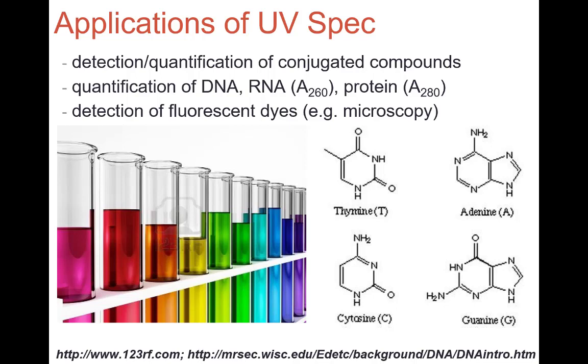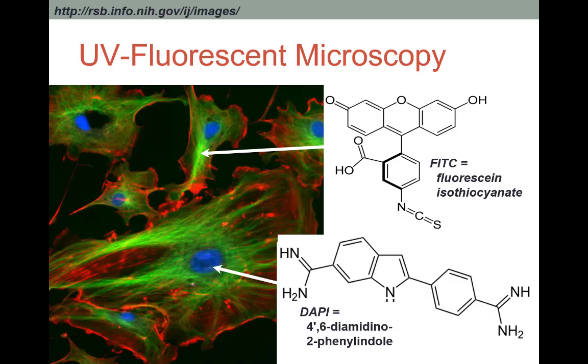A couple of cool examples from biology and biochemistry would be in UV fluorescent microscopy. So we have a dye here called FITC. It stands for fluorescein isothiocyanate. And so we can see the structure of this. You can see this extensive conjugation using multiple different heteroatoms.